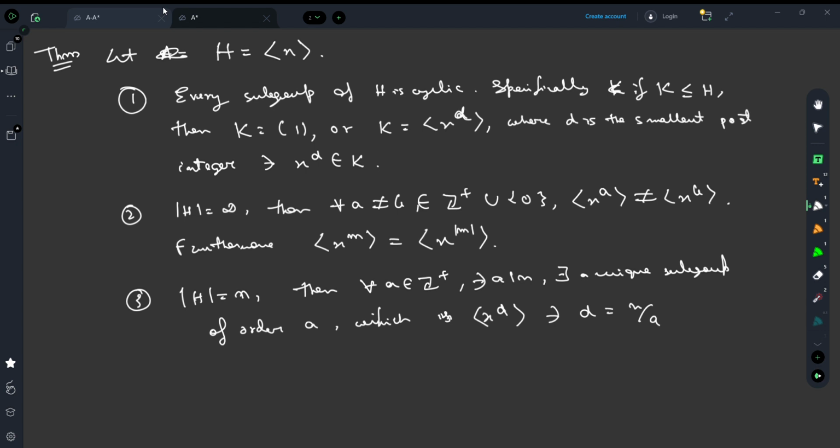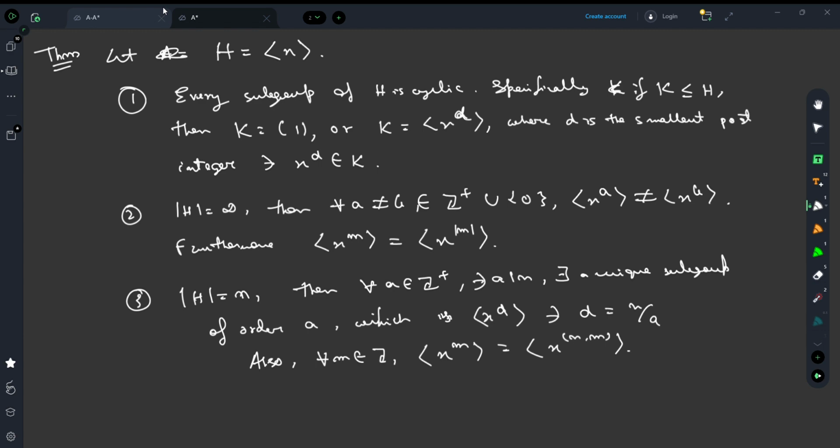This can also be expanded to say that for all integers m, the cyclic group generated by x to the power m equals the cyclic group generated by x to the power gcd(m, n), where n is the order of x.